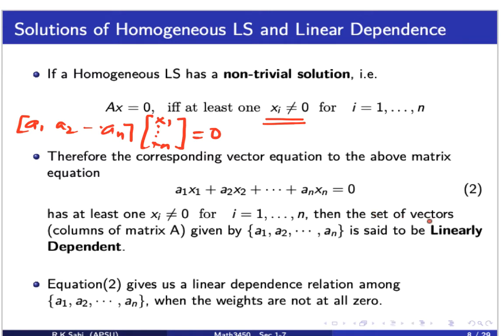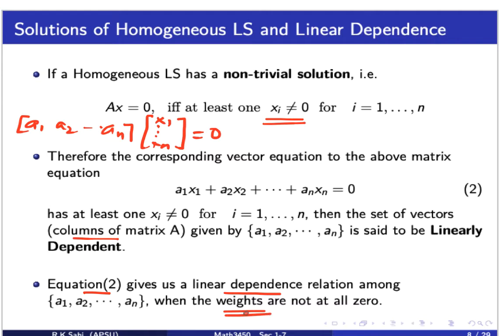The set of vectors a1, a2, an is said to be linearly dependent. Remember, the set of vectors are nothing but the columns of the matrix A. So this equation also gives us the linear dependence relation among the vectors a1, a2, an when the weights are not all 0.